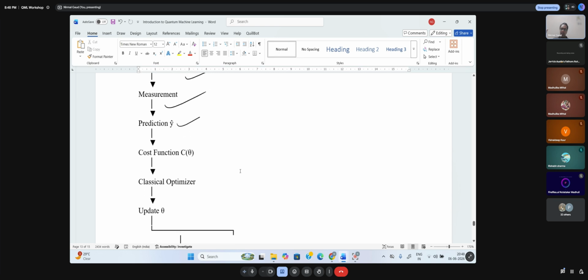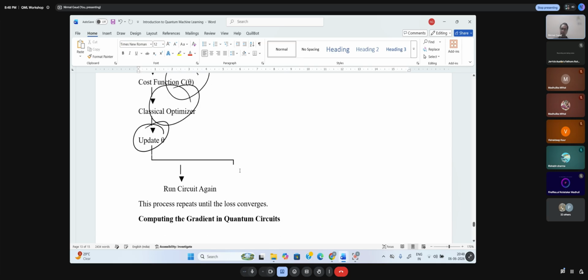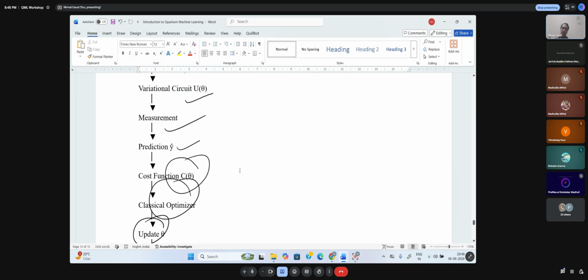Once you get the prediction, calculate the error or the loss or the cost function, then use a classical optimizer, that is Adam, to optimize the loss, reduce the error, update the value of theta, and again run the circuit. While running the circuit, you will get quantum results. While measuring, we convert quantum to classical, and then we follow machine learning. So this is hybrid architecture.